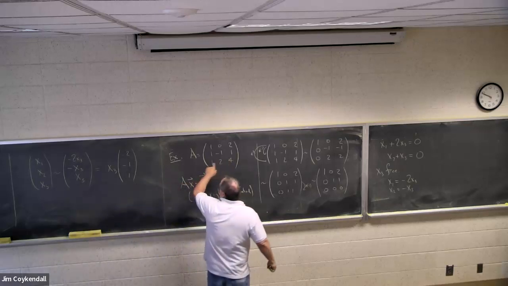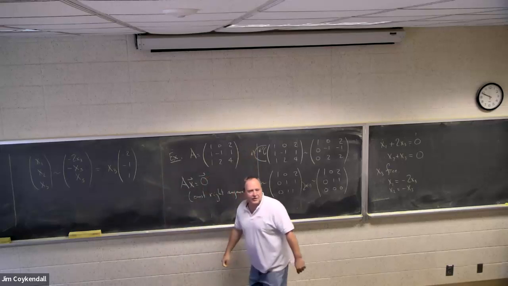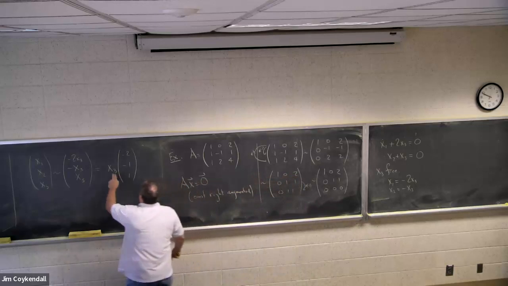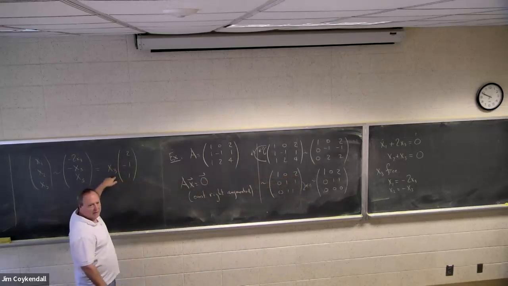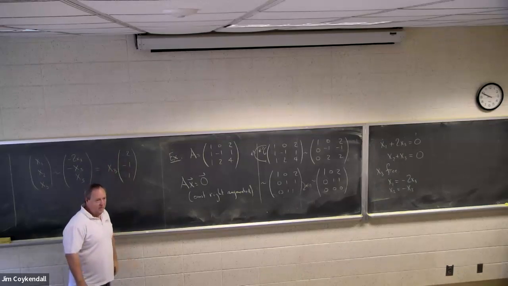So the vector -2, -1, 1 times this matrix will be 0. And not only that, any multiple of it. Take this vector multiply by 2, take this vector multiply by 7, or whatever. Pick x3 any way you want. So this is another way of writing this. This represents your x1, x2, x3. Everybody okay?